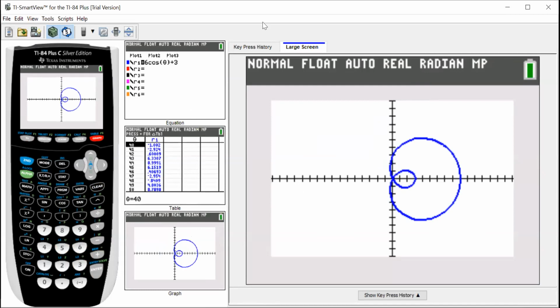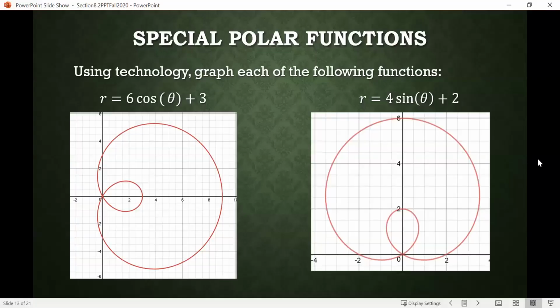And in fact, if I go back to my PowerPoint, go to the next slide, notice now I have the graphs of both of those. And I want you to notice some things about these. So number 1, notice that in the first equation, the trig function we see is cosine. Okay, which if you think about on our unit circle, cosines are x values.